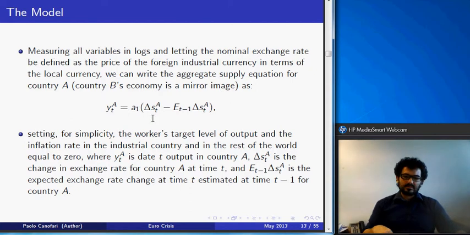This means that this difference, under the assumption that foreign prices are fixed, is the inflation through the channel of devaluation. Now we assume also that the workers' output target is equal to 0, and that all variables in the model are expressed in logs.